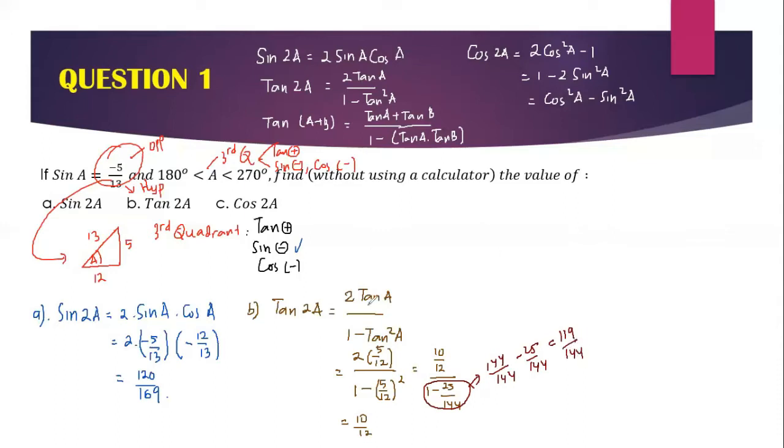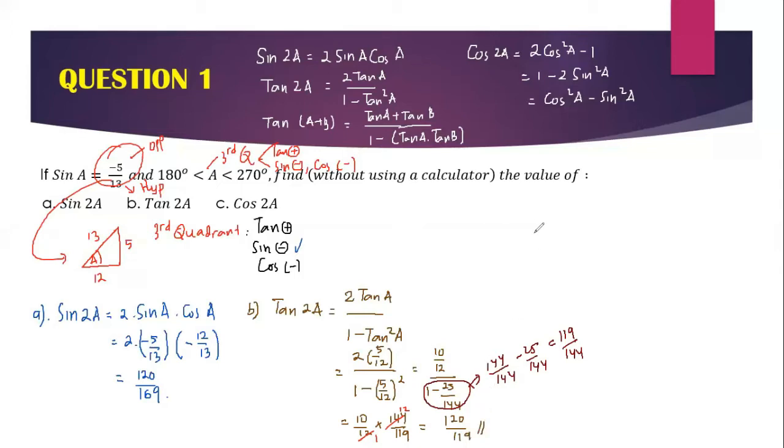Next, times the reverse, 144 over 119. You have to reverse the position. Next, we have to simplify. So the final answer for question B is 120 over 119.